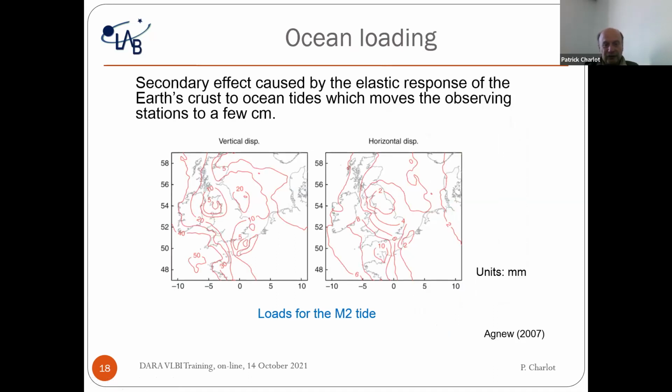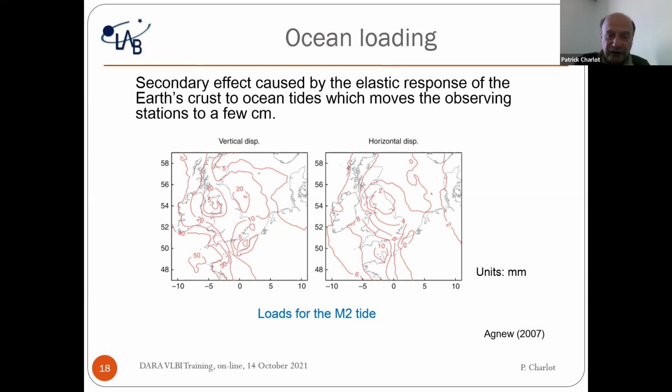Another thing, also a secondary effect, is what we call ocean loading. Due to the tides, the ocean masses move. The masses of water move in the ocean, and this also creates some variation in the attraction to your stations, which are on the Earth's crust.